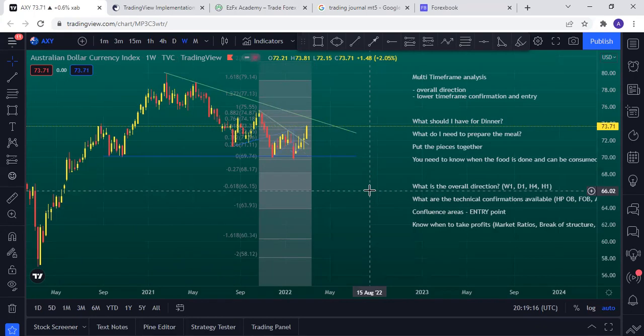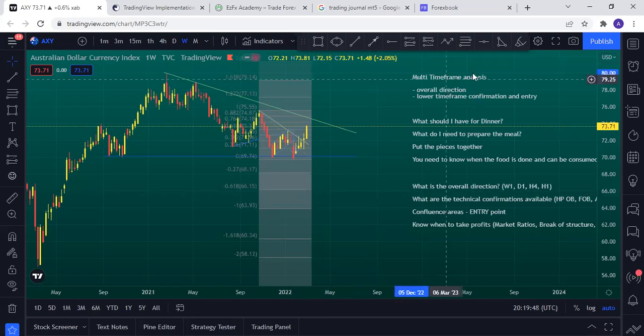That could be a channel, a triangle, a wedge, whether you call it a chart pattern or something else. But I first try to identify if the market is currently ranging. Once I check and see whether the market is ranging or not, I'm able to begin to do something else.